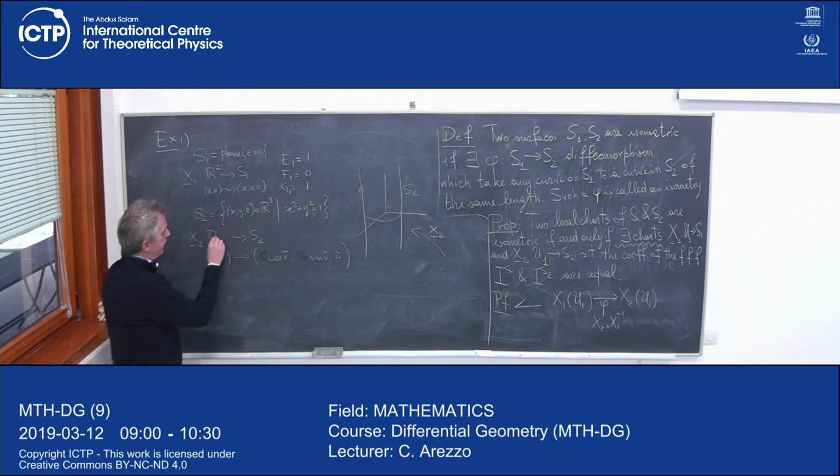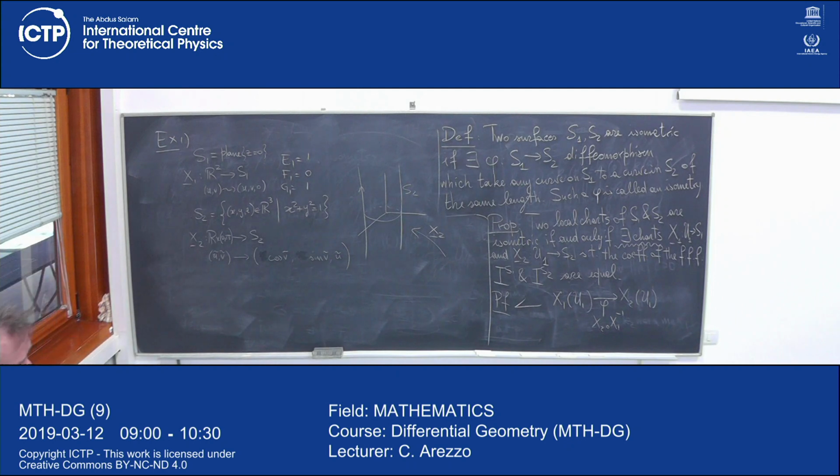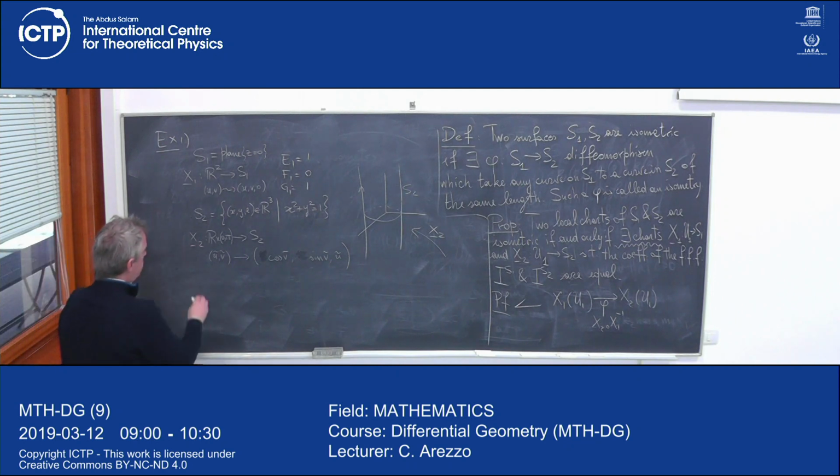So I can take it, for example, 0 to 2 pi, but actually here I could decide to take minus pi to pi, or whatever you want. Anything of amplitude 2 pi. So let's take this one for a moment.